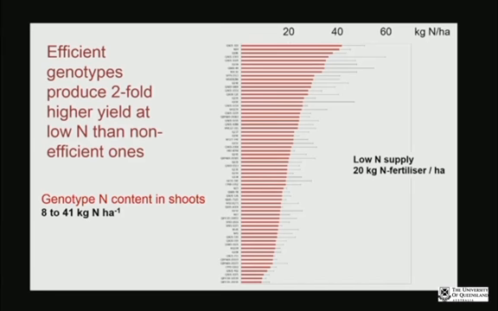And you can see that the genotypes, the poor performing one, like this one here, only took up 8 kilograms of nitrogen from the soil, whereas a very well performing one, like the one up the top here, could acquire 41 kilograms. So that's a more than 4-fold difference between an efficient and a not so efficient genotype. And then, of course, you can say, well, what is the nitrogen that the plant acquires?